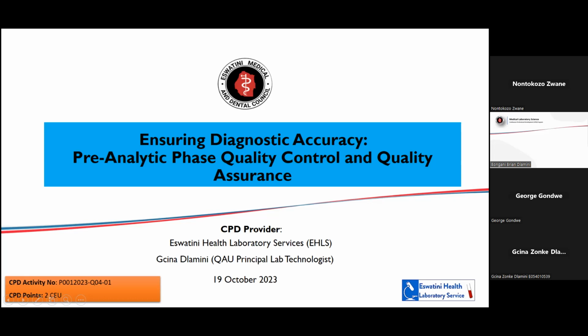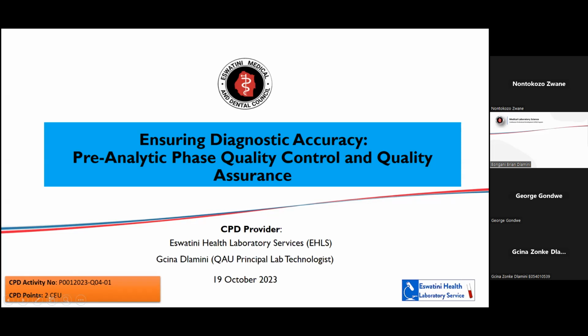In our introduction, we look into the importance of diagnostic accuracy in the medical laboratory. We have three phases. Pre-analytical is the first one, and it is very important because that is where everything begins. We should be sure that what we send into the analytical phase is of good quality so that we can get good results.